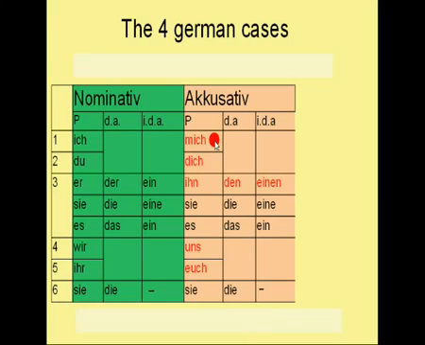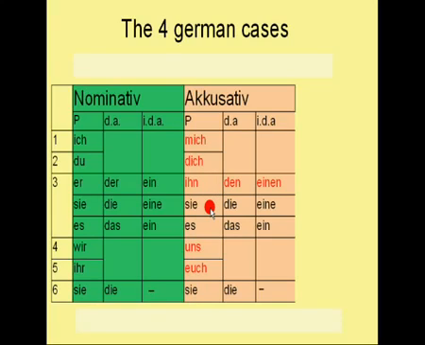The accusative pronoun for the first person singular is mich instead of ich. For the second person singular it is dich instead of du. For the third person singular, for the masculine version, for he, it's ihn instead of er.